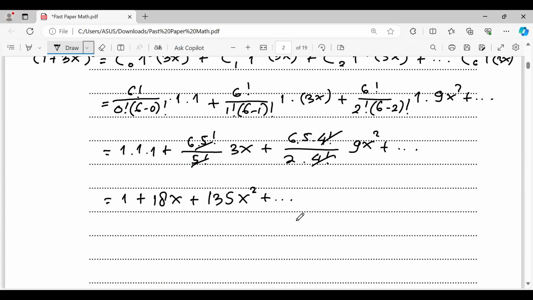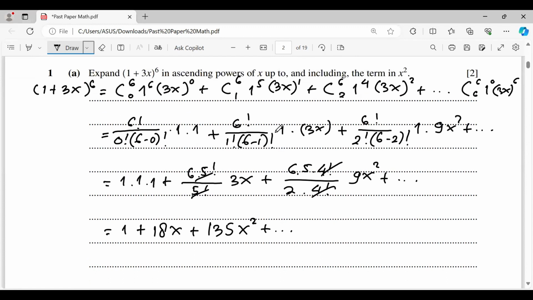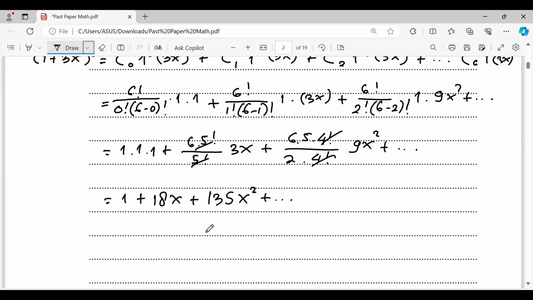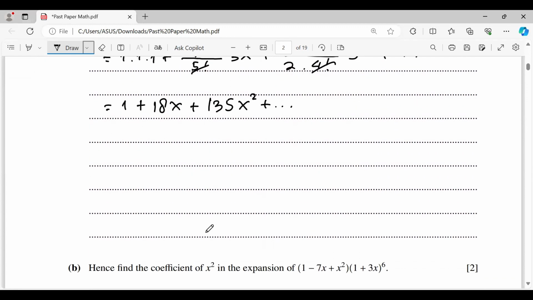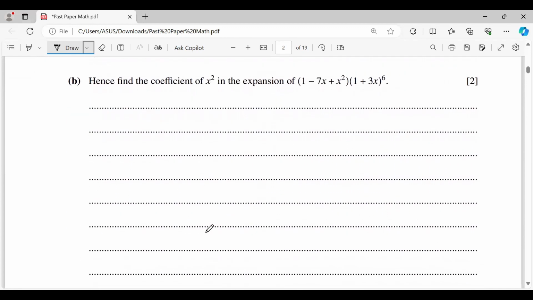Okay, so students, the terms of the expansion until the term of x squared is 1 plus 18x plus 135x squared. B, hence find the coefficient of x squared.